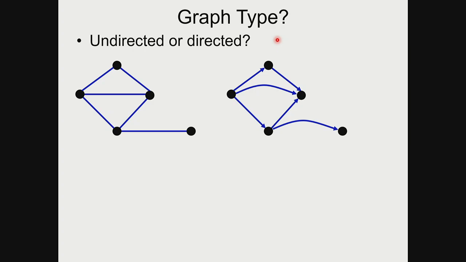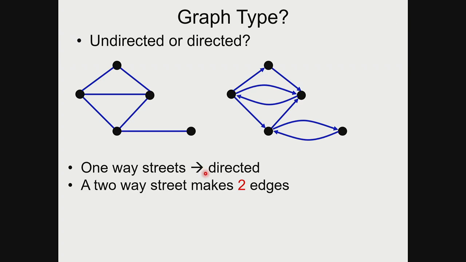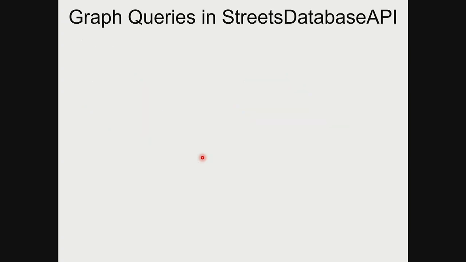Yes, we can connect them with two arrows. So one-ways will have only one edge, and two-ways will have two edges. But to make it more efficient, we're going to make it a kind of undirected graph, and we're just going to add a tag to that edge saying that it is a one-way, so that the user of the code will know that this is not a two-way street.